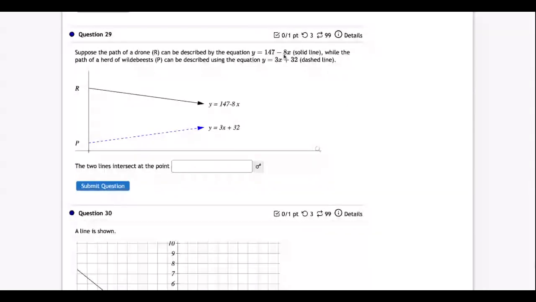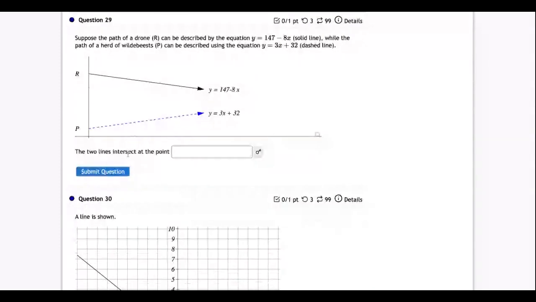You see this is one line, right? While the path of a herd of wild beasts, another one we call P, can be described by another line, the dashed one. So the two lines intersect at the point.